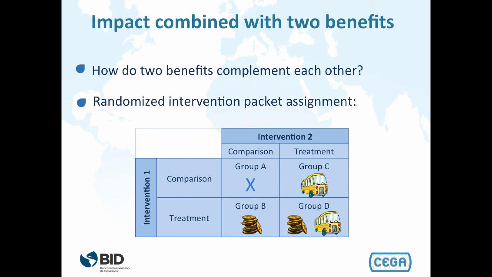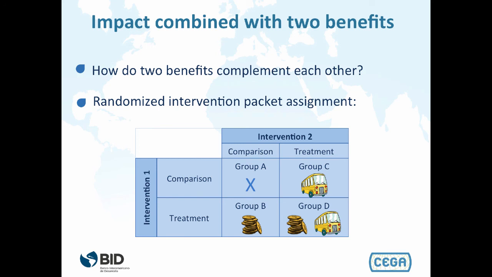The first row is the comparison group, where they get no cash, and the second row is the treatment, where they get cash. Intervention 2 is picked up by the columns. Here we provide transport. Column 1 is the comparison group. It has no transport, and column 2 has transport. That would be the treatment group.